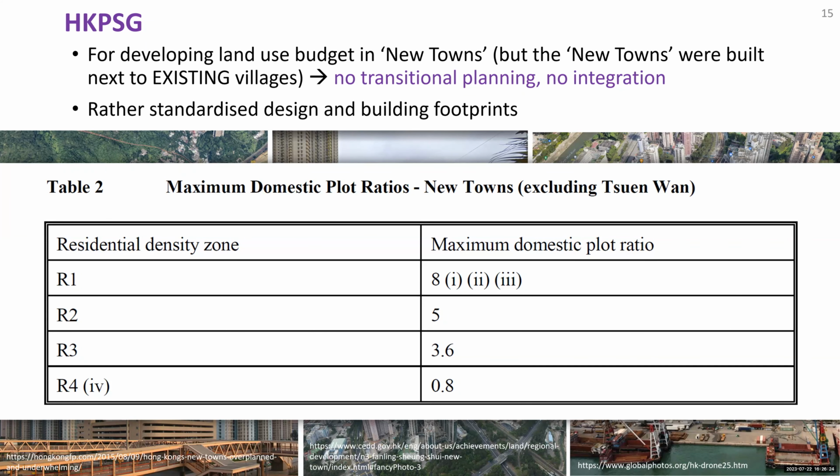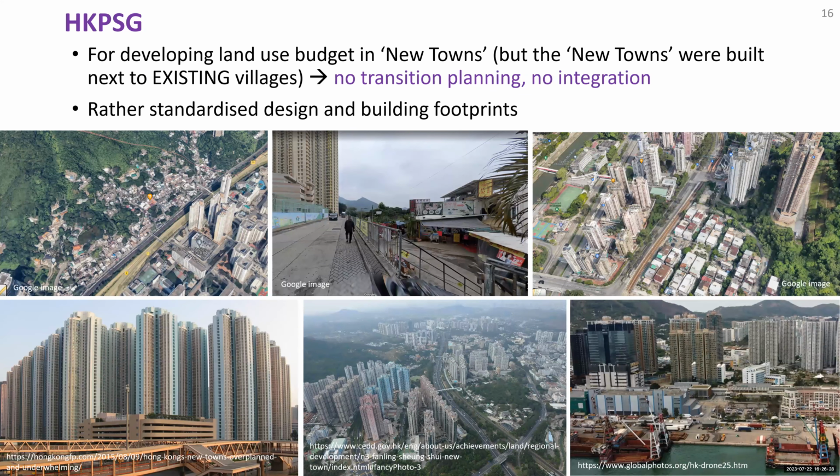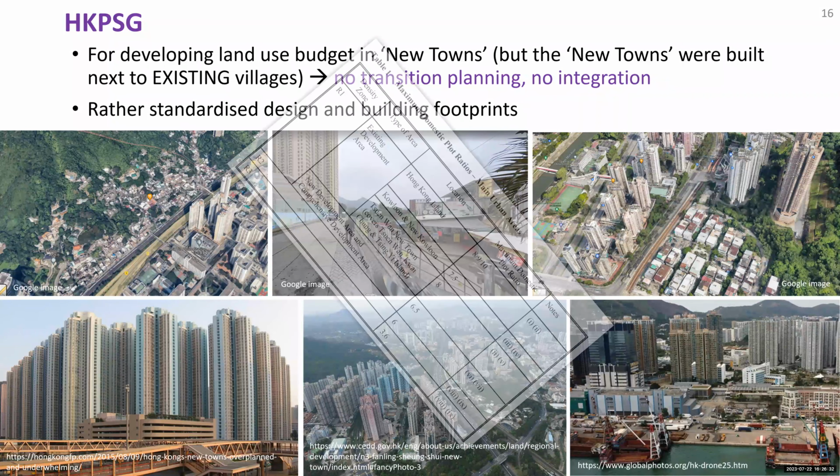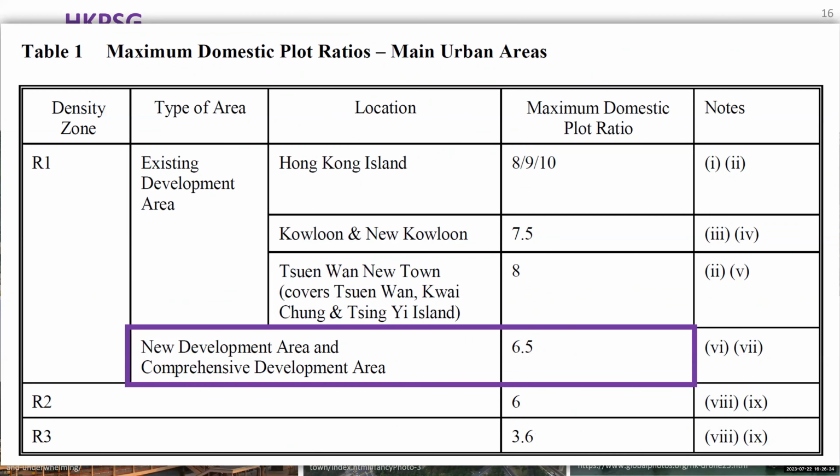Now, the question related to what we want to discuss today is not just about the main urban areas, it's about these new development areas, or what they call comprehensive development areas in terms of redevelopment as well. They will have an automatic plot ratio of 6.5.